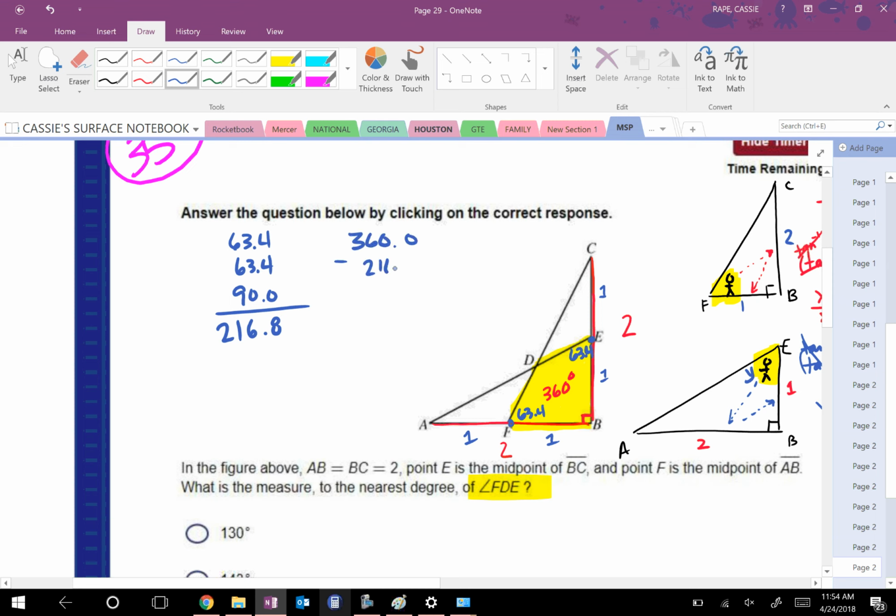Making sure that's right. Yeah. So 143.2 degrees is the angle measure right there. It said to the nearest degree, so I'm getting 143, and that is B.